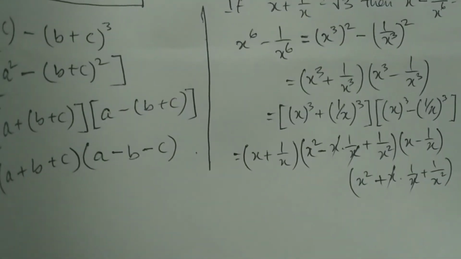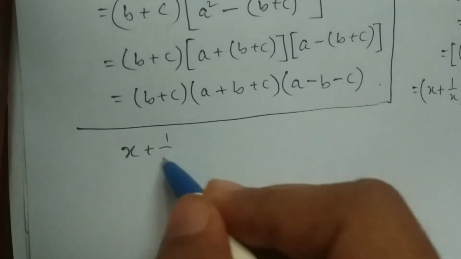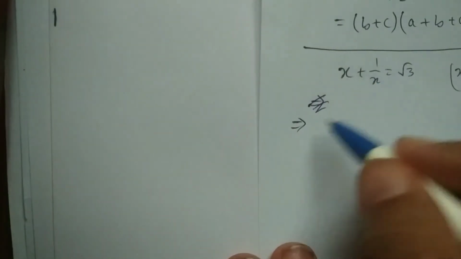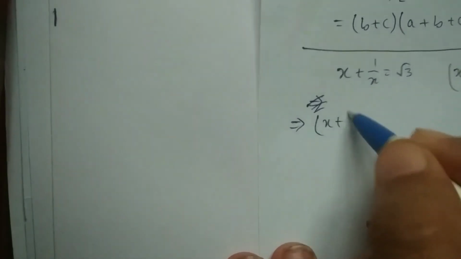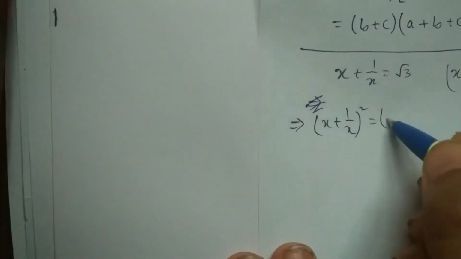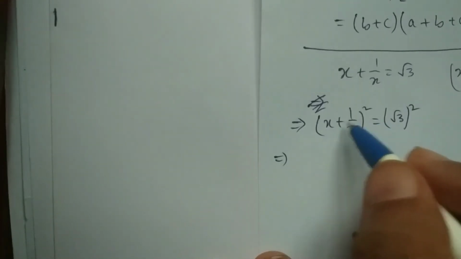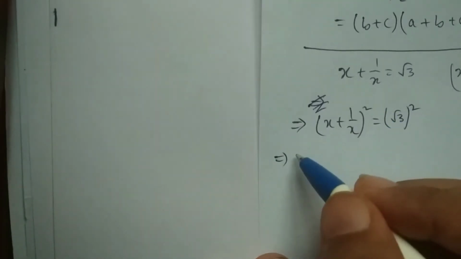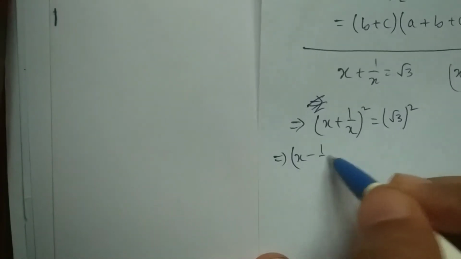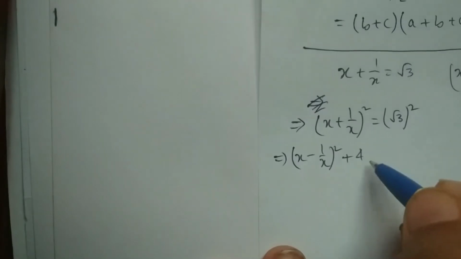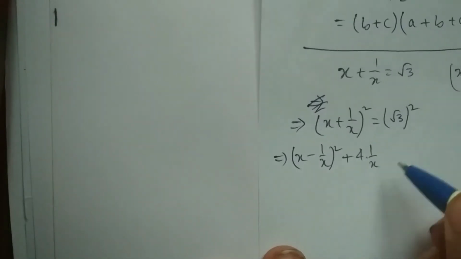Okay, x plus 1 by x is equal to root 3, which implies x plus 1 by x whole square equals square root of 3 whole square. Now a plus b whole square means we have one formula: a minus b whole square plus 4ab, where 4ab means 4 into 1 by x into x.